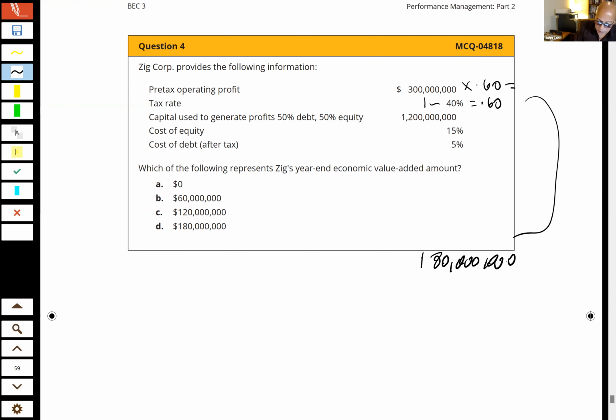And they tell me that it's 1.2 billion, and they've divided it between debt and equity. Okay, good. So I'm going to take the 600 million, which is half of the 1.2, 50%, and the cost of equity is 0.15. That gives me 90 million.